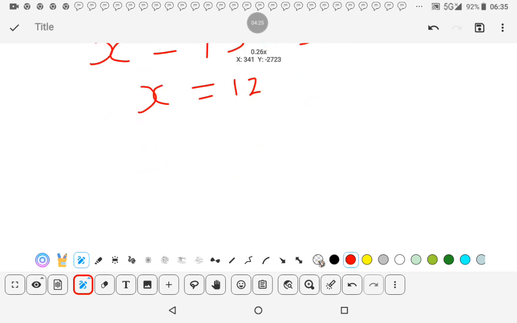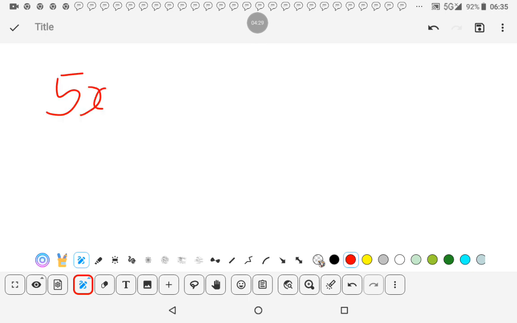So what if you have 5x plus 5 is equal to 30? How do you go about calculating this? Again, take note of the steps. Here we have 5x, meaning that x is being multiplied by the number 5.